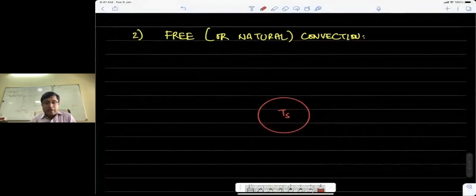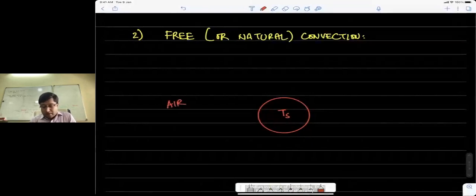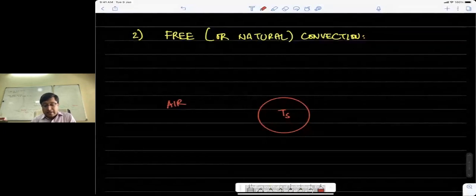So what happens is that when you have this hot sphere in still air, you will have air coming in contact with the hotter surface, and so you will have a density change in the air, because the temperature of the air next to this solid will increase. So temperature increases, which means density will decrease.